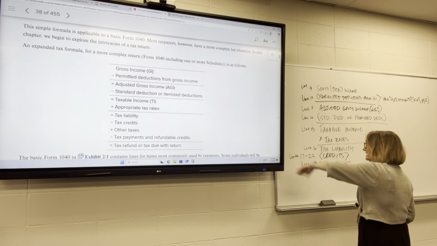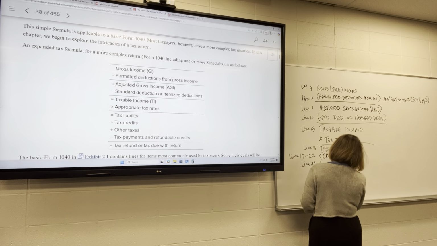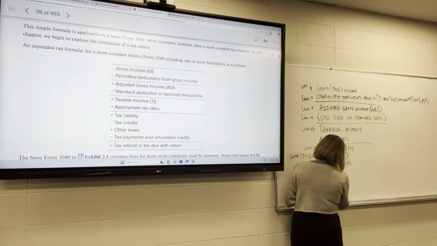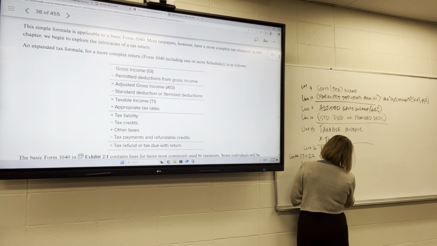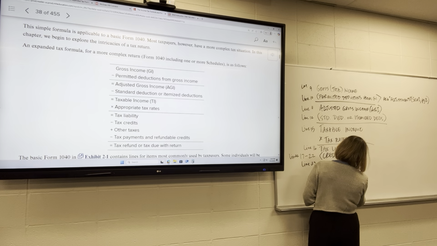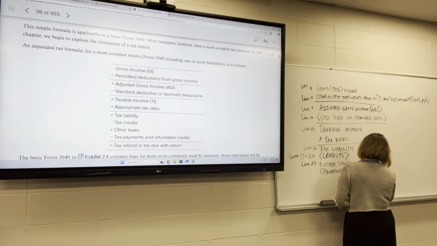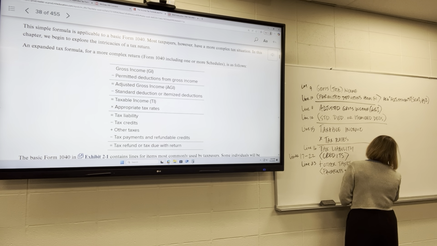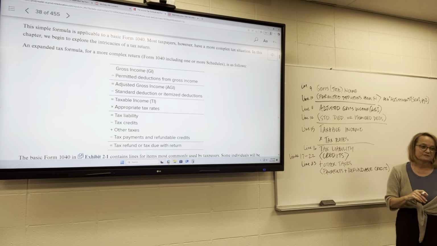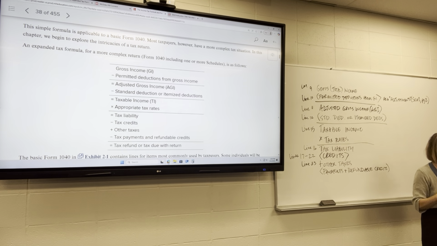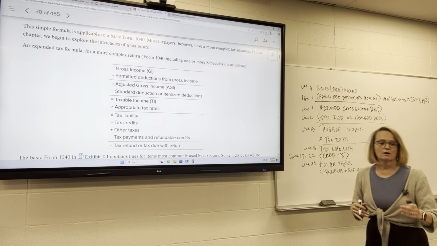Minus our tax payments and refundable credits. Remember I told you there were a couple different types of credits? There are refundable credits, there are non-refundable credits.